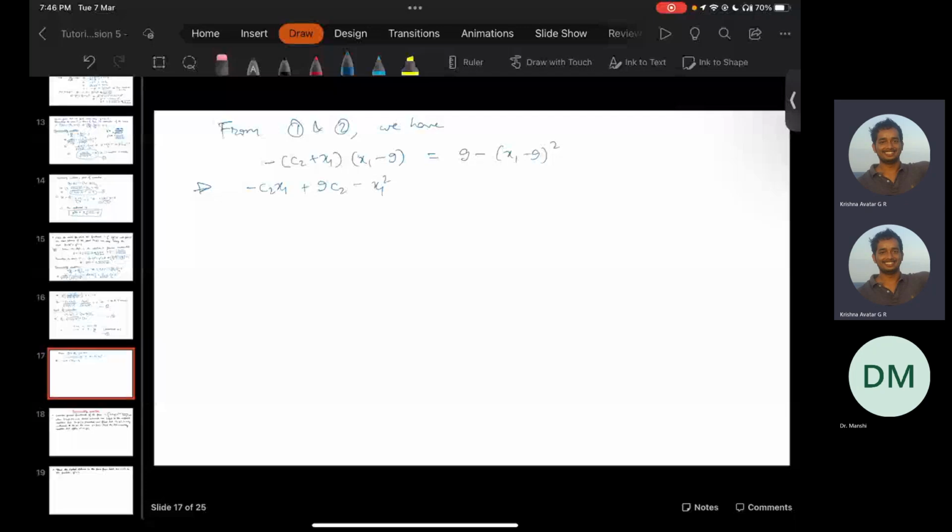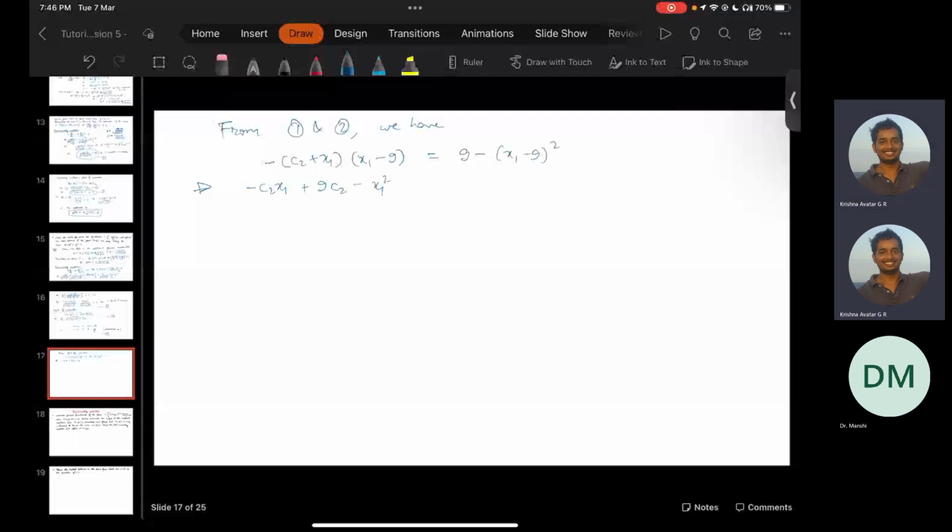And then for 9C2, mind you that we had expressed the term in terms of minus C2, right? So this is nothing but minus 9 into 9 minus 36 by x1, and this is equal to 9x1 minus 81.